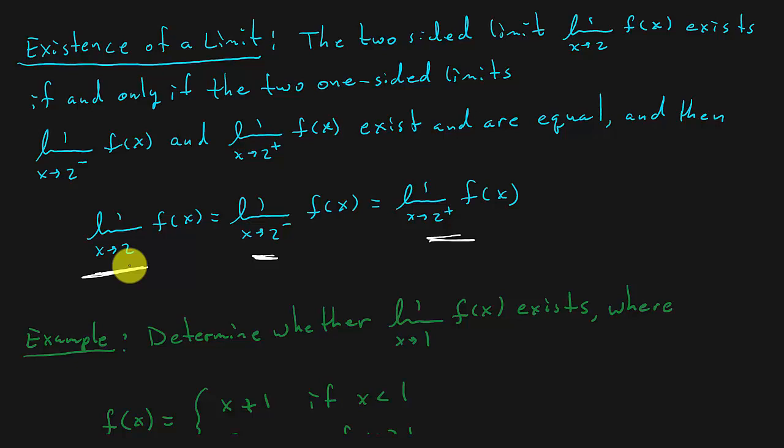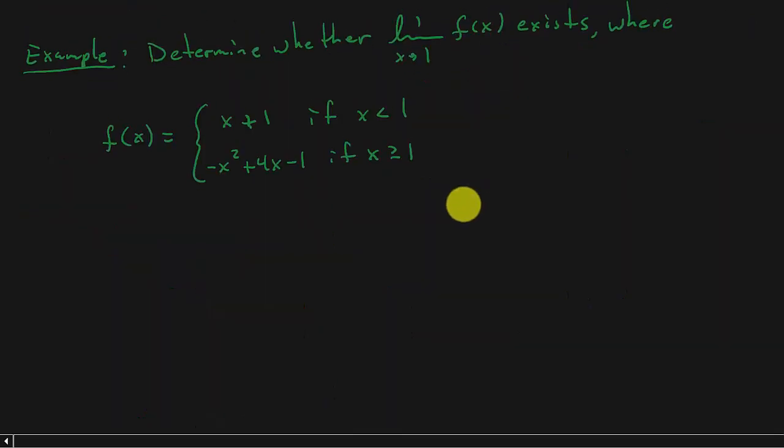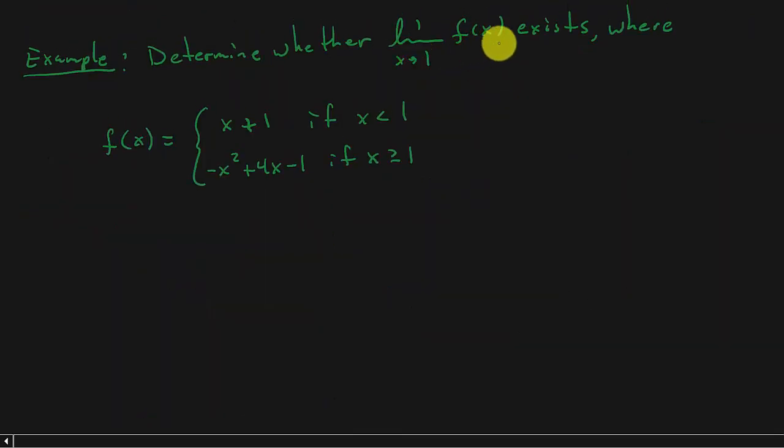So let's look and see where that comes in handy. Determine whether the limit of f of x as x approaches 1 exists, where f of x is equal to this. So what we have to do here is find the limit from the left and the limit from the right, and see if they're equal to each other.